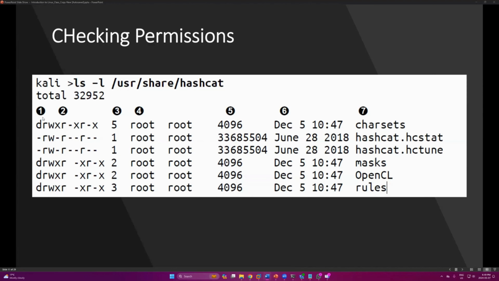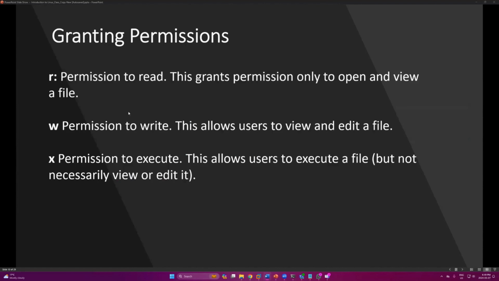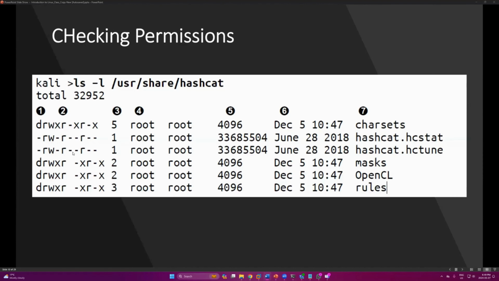A directory will be denoted by D, a file will be a little hash sign. Second over here is actually the permission. You can see it's a bit daunting. But at the end of the day, if you just come back here and see RWX, it's just RWX, RWX, and RWX, right?